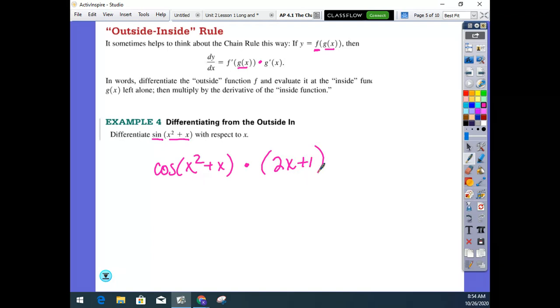Whenever you're doing the derivative of one, the other portion stays the same. Your trig functions have to be taking the trig functions of the same thing.